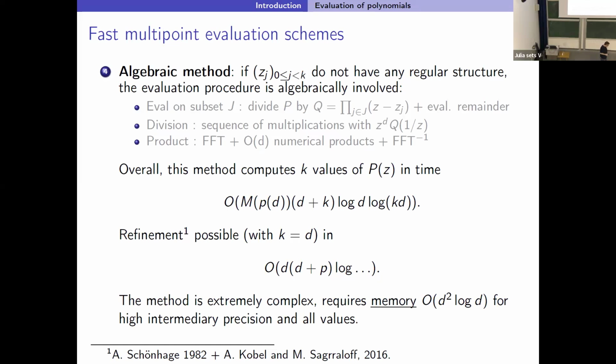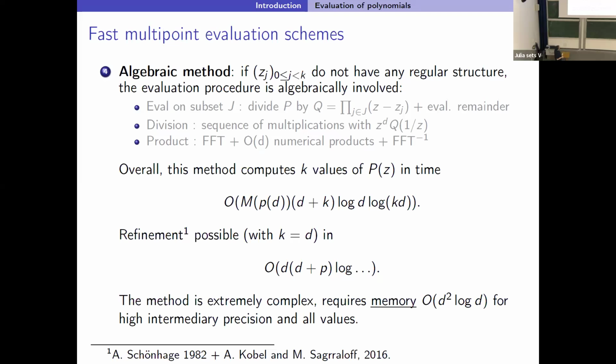But some polynomials have intrinsic instabilities, which forces the people who invented this to have an intermediary precision, which may be much higher than your initial precision. And you have to work with all the points at the same time. So you have to know them in advance, which is not true for a trajectory of the Newton method, for example, but also it takes quite a lot of memory.